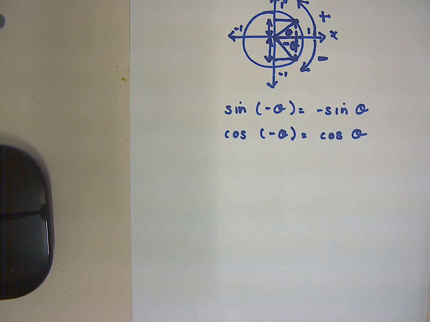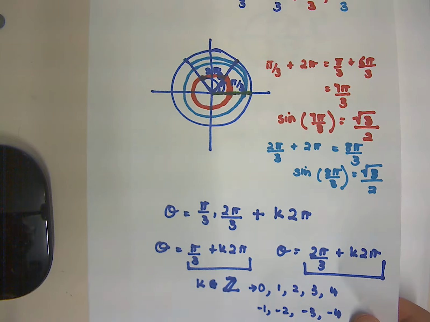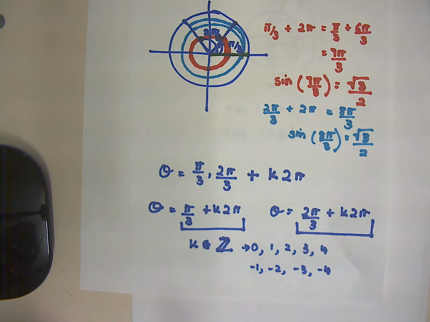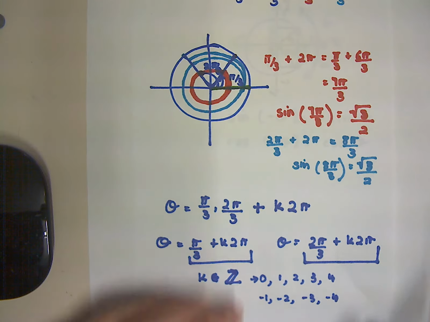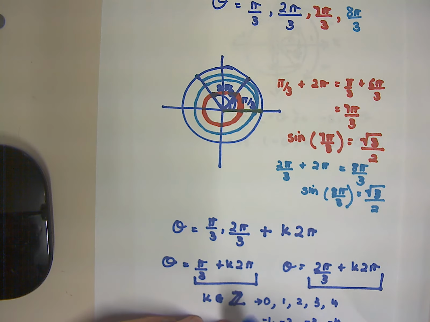Now, the reason I just did that is that's another identity you might need to know, but also it means that if we go back a revolution from pi on 3, well, we've got to subtract 2 pi. And so we'll get a negative value, but that's okay. We can work with a negative value.